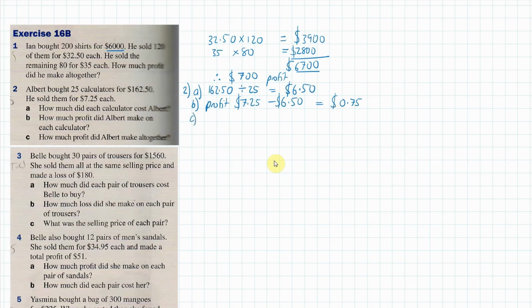C. How much profit did he make altogether? Well, since he sold 25 calculators and on each he made a profit of 75 cents, we're just going to go 25 times 0.75, and that gives us $18.75.